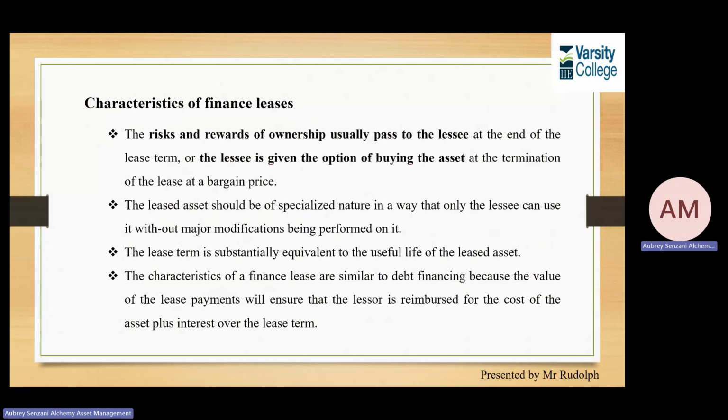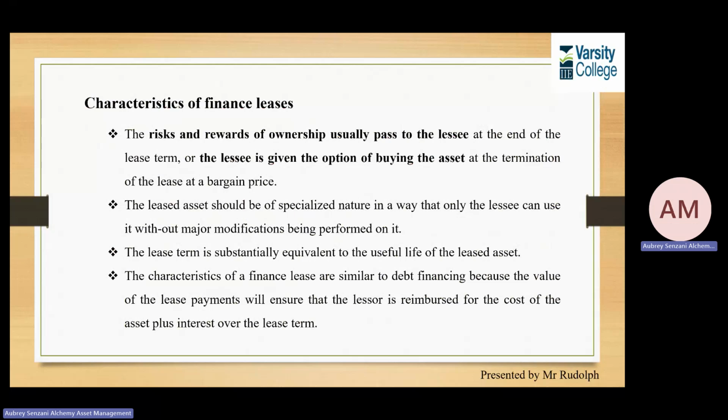The lease term is substantially equivalent to the useful life of the leased asset. Now, this is something worth noting, okay? Because usually you'll find that at the end of the lease, the asset may have depreciated entirely, okay? So that's why we structure it for the length of the useful life of the asset.